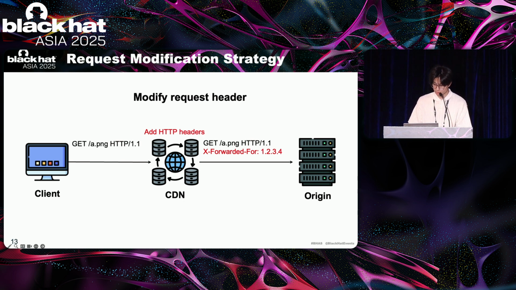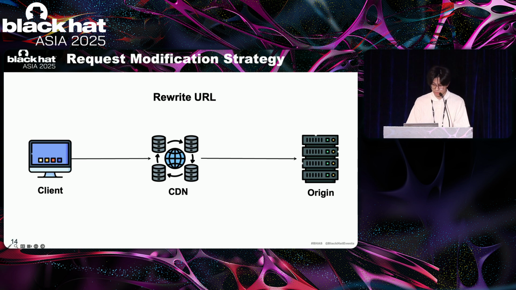This allows the origin server to identify the client's real IP address, which is often necessary for logging or access control. In another scenario, when a file storage location changes on the origin server, customers can configure URL rewriting in the CDN without modifying the client's code.